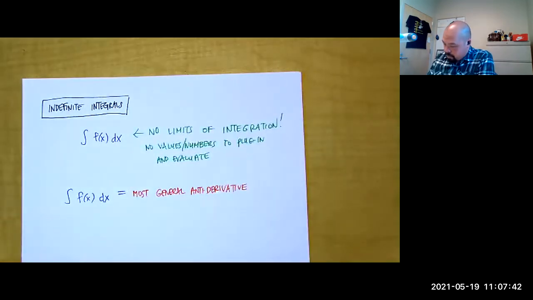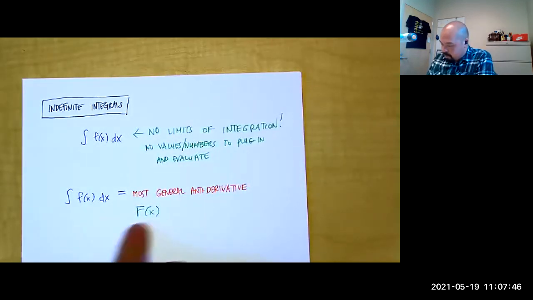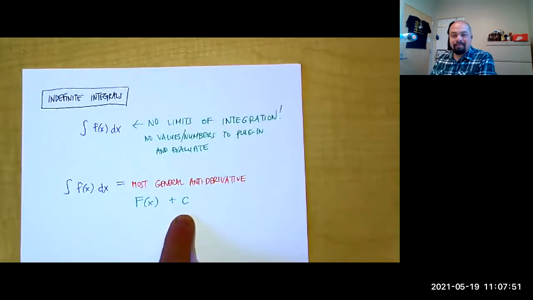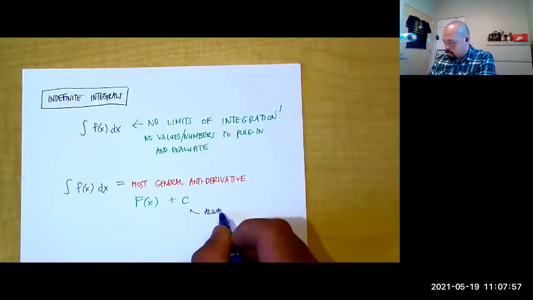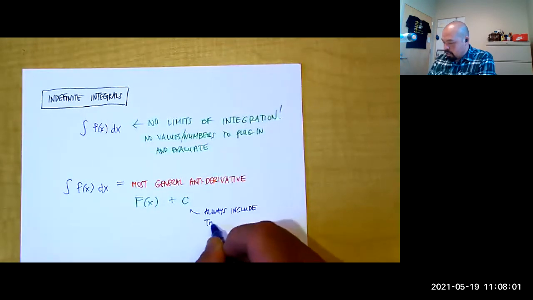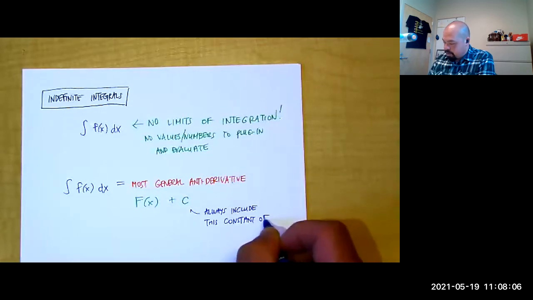Okay, it's going to be that capital F of x, the antiderivative. And remember, with our antiderivative work before, we got plus c. We're always going to include this constant of integration.